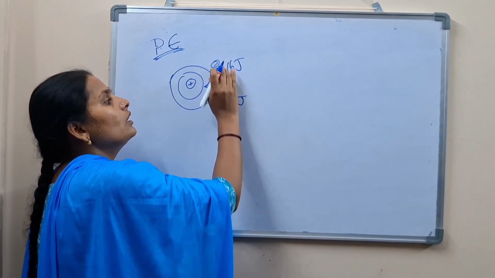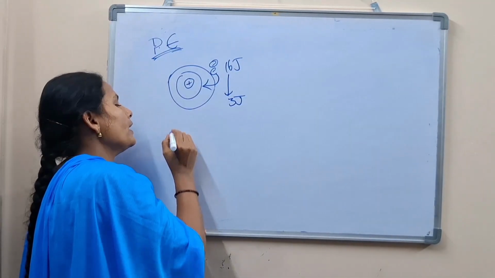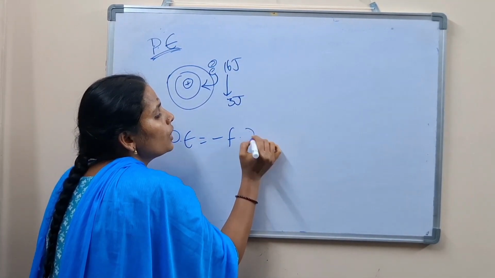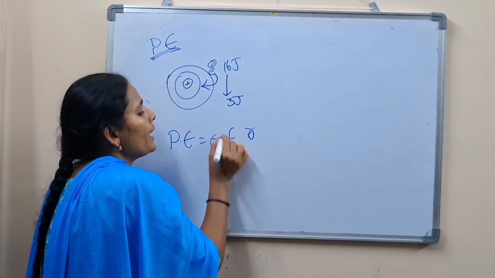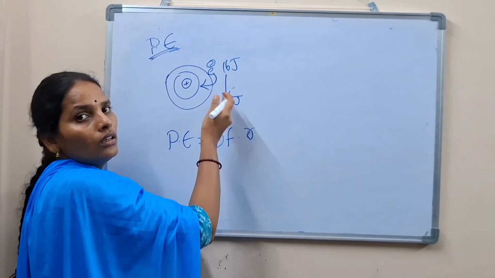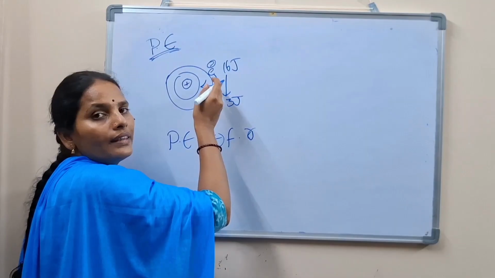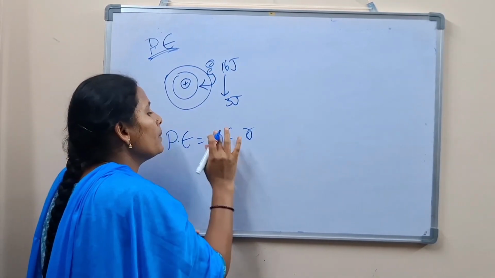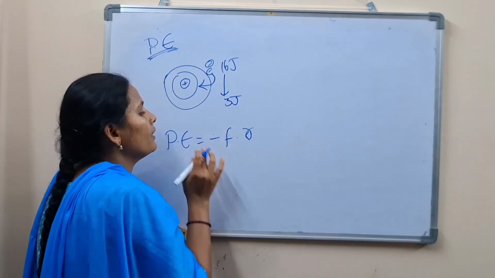For de-excitation, we write the potential energy equal to minus F into R. Here the minus sign is the loss of energy by the electrostatic force between the electron and the nucleus. That's why we mention the negative sign here.